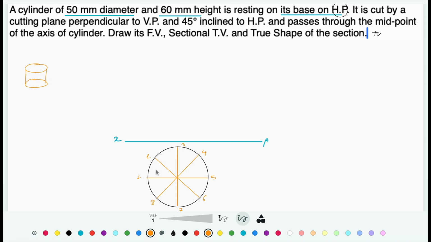So there is going to be overlapping of 2 points. So this is A, B, C, D, E, F, G and H. Okay, next project all the points for the front view.